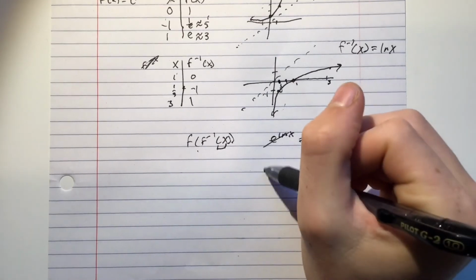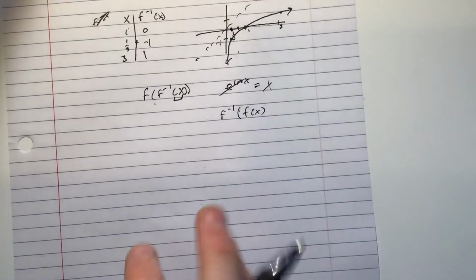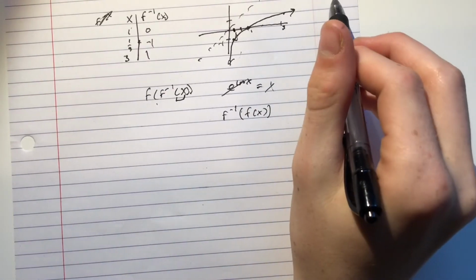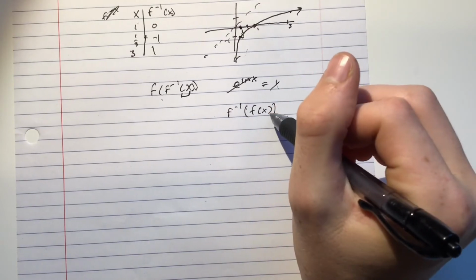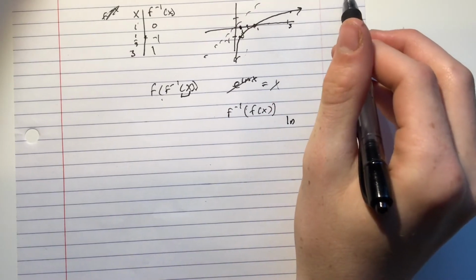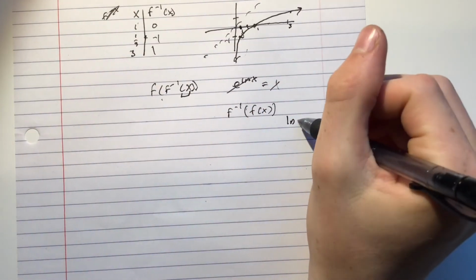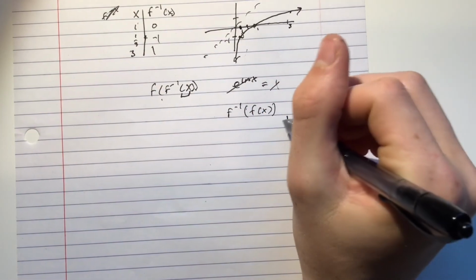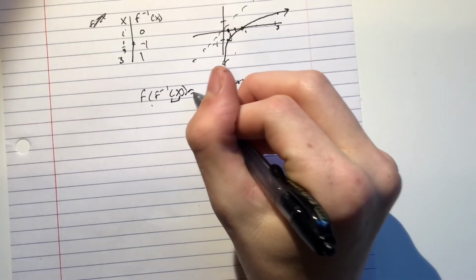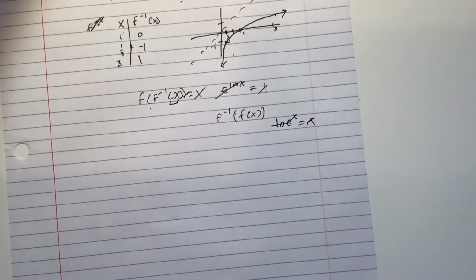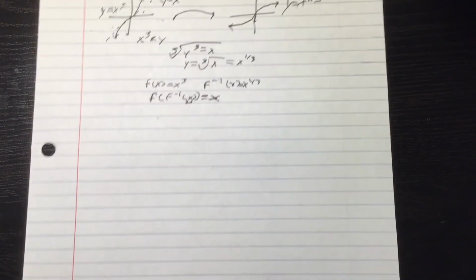Similarly, if I were to take f inverse of f of x, f inverse is ln of x, so ln of, and then what I'm plugging in is the whole function f of x. I replace x with f of x, which is e to the x, so we have ln of e to the x, which again, these cancel, and it just becomes x, which is what we defined here as a property of inverse functions. And I said these were related to one-to-one functions, so I'll introduce that now.